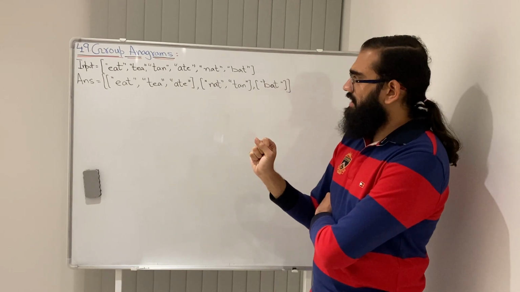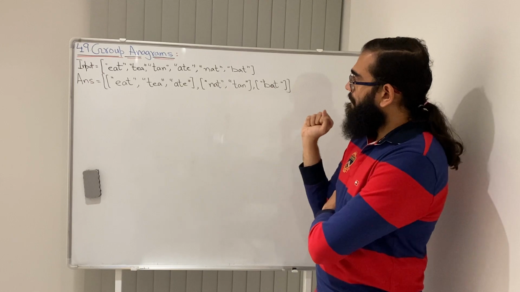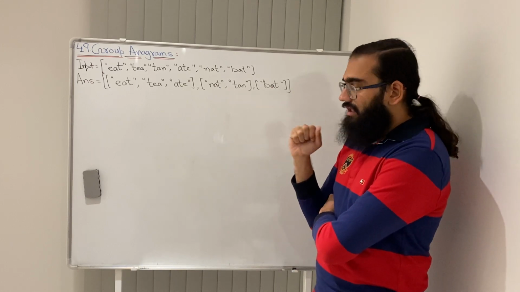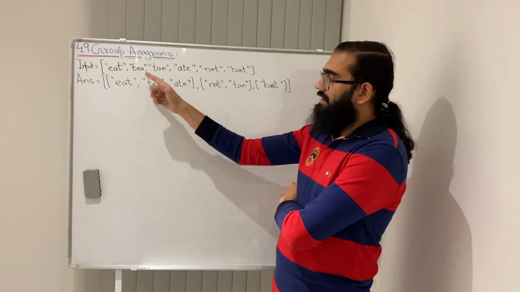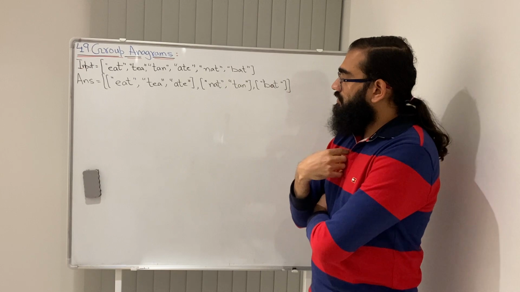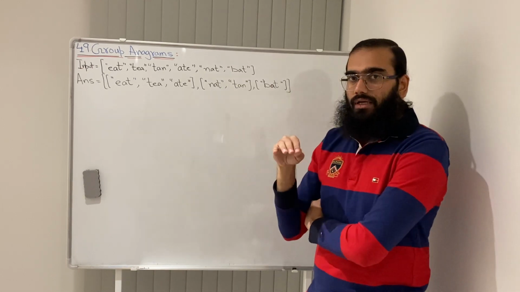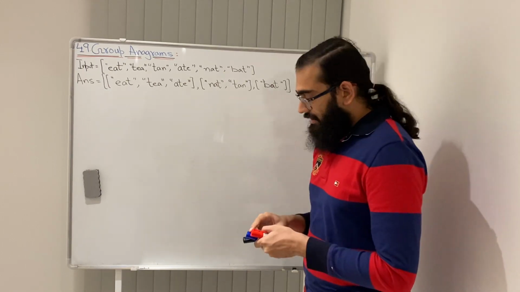Sometimes people also think of sorting, and that is again a good solution. I will try to solve it with both sorting and the hash function, and then we will see.